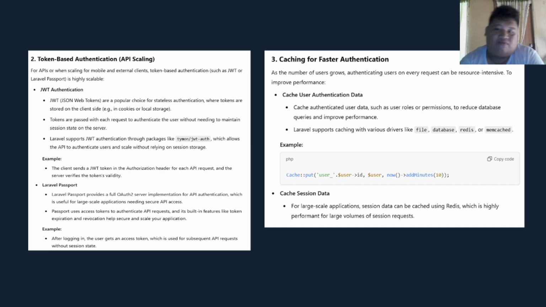Caching for faster authentication. As the number of users grows, authenticating users on every request can be resource intensive. To improve performance, cache user authentication data, such as user roles or permissions, to reduce database queries.